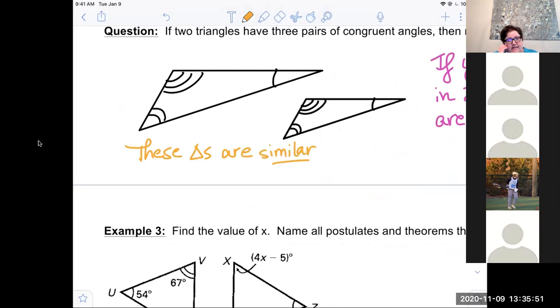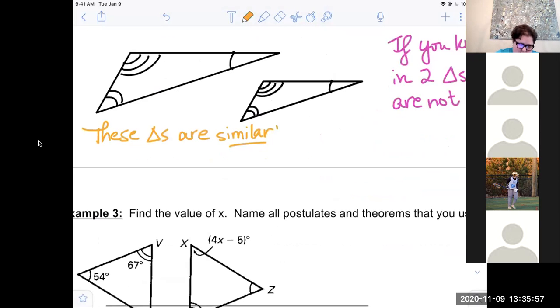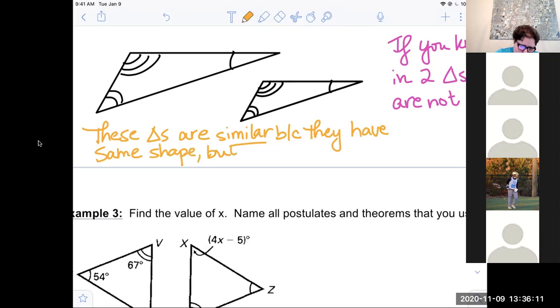Similar means they have the same shape, but they might be different sizes. Okay, they are similar because they have the same shape, but possibly different sizes.